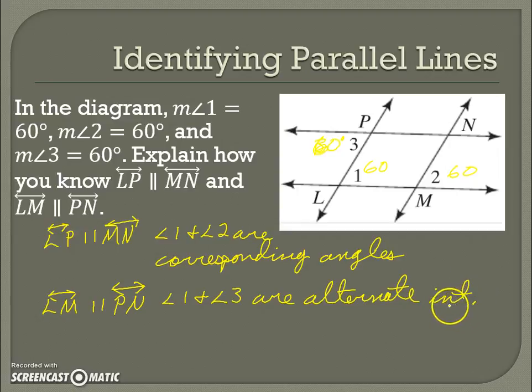And that's how I know that they are parallel to one another, because these are congruent. All right, so I should probably say that they are congruent. And that's that.